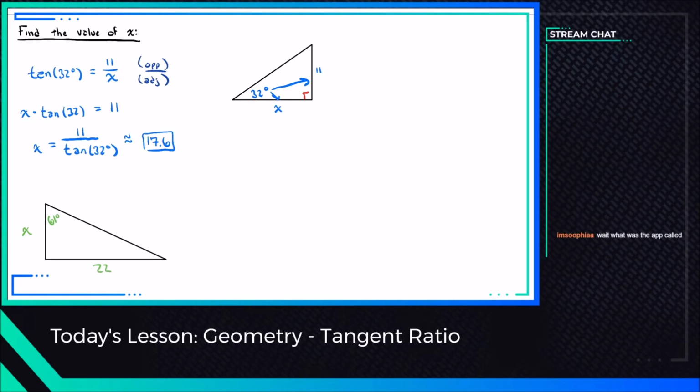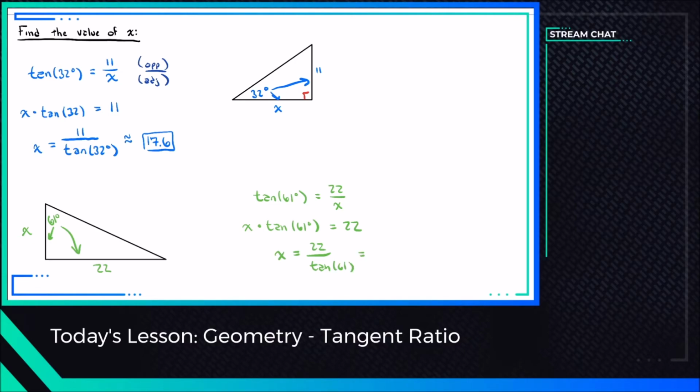So tangent of 61 degrees is equal to the opposite over the adjacent, so 22 over x. If we multiply the x across, we get x multiplied by the tangent of 61 degrees is equal to 22. Dividing both sides by the tangent of 61, x is equal to 22 over the tangent of 61.